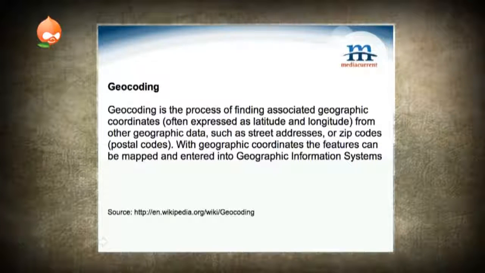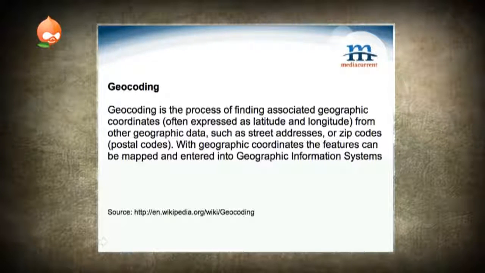I tend to use this next term, geocoding. That is the act of looking up where something is. What is that lat and longitude? There are systems that do geocoding for you. And this is actually one of the harder parts of doing mapping in any website.